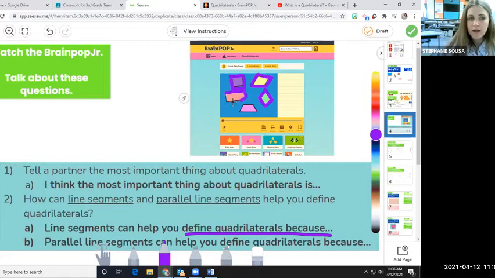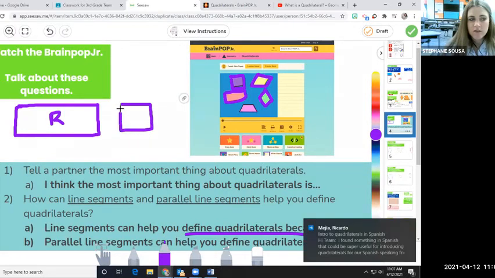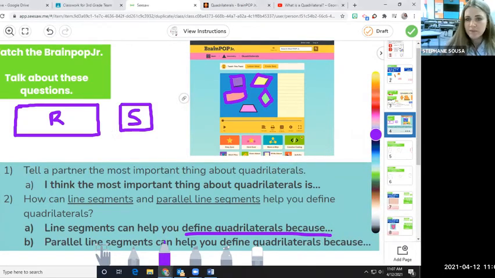Now, what else about the line segments can help us? Here's a hint. What is different about the line segments of a rectangle and the line segments of a square? Terrence, what's different? They don't have the same equal sides. Which one doesn't have the same?